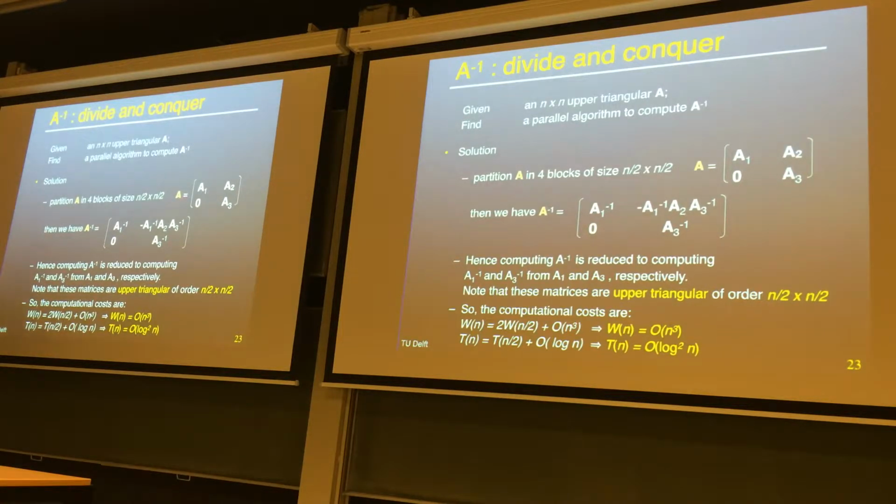Because if you compute for such a matrix of this form, where A1 and A3 are upper triangular, its inverse, that's a very easy computation, then it turns out that the inverse has a particular form. It's again an upper triangular matrix where this entry is the inverse of an upper triangular matrix, A1.